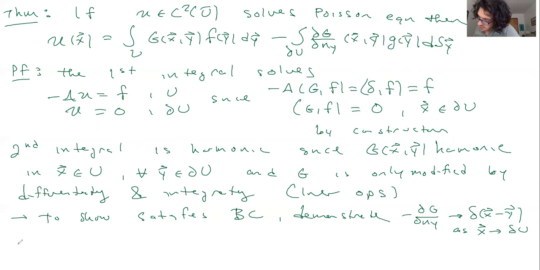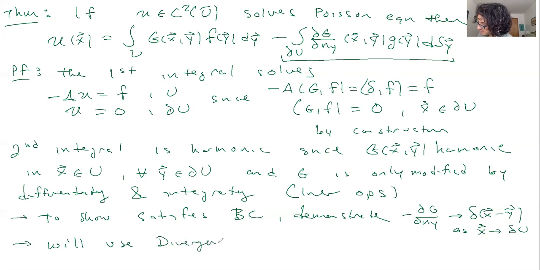How do you think we'll do this? Stop and think about it. What are our main tools, especially for dealing with integrals around boundaries, okay? You'd be thinking Green's identities, or maybe the divergence theorem. Okay, so we'll use the divergence theorem in order to solve this, right? Strikes again.